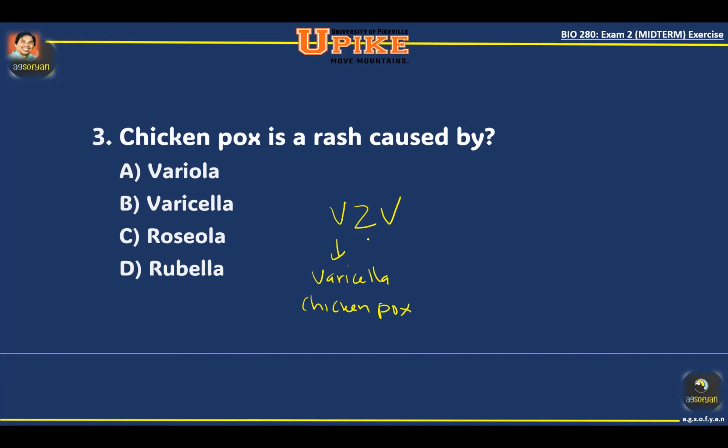And Z is for zoster, which is the one that causes shingles. So chickenpox and shingles are related. And the V, of course, is for virus. So VZV viruses. So the answer for chickenpox will be varicella.